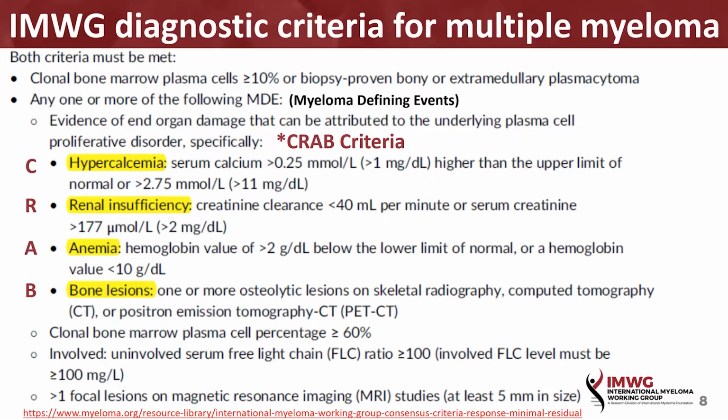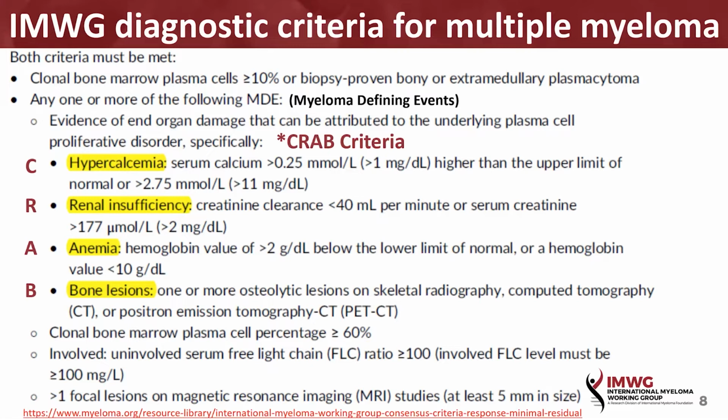However, more recently, we pick up the disease earlier, and so it may be just based on the percentage of plasma cells in the bone marrow, more than 60%, which I show at the bottom here, or just an abnormal free light ratio, or maybe just a small number of lesions, more than one of those focal lesions, on an MRI, which is more sensitive than X-rays.